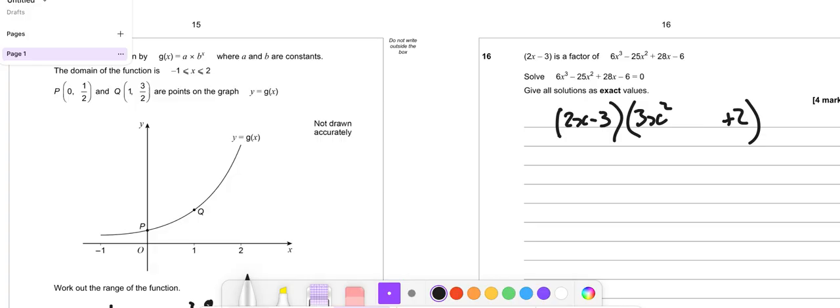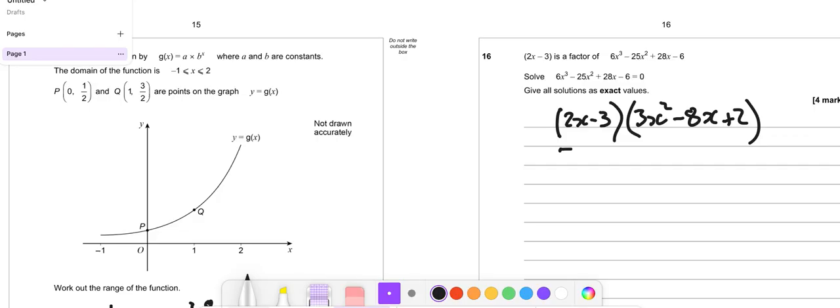So this will be 6x cubed minus 9x squared and I want 25, so I've got to have minus a few more x squared, so I've got to have another 16, it's minus 8x, that'll give me minus 9x squared minus 16x squared, which is minus 25x squared, minus 24x, sorry, plus 24x plus another 4x is 28x, so that's all good.